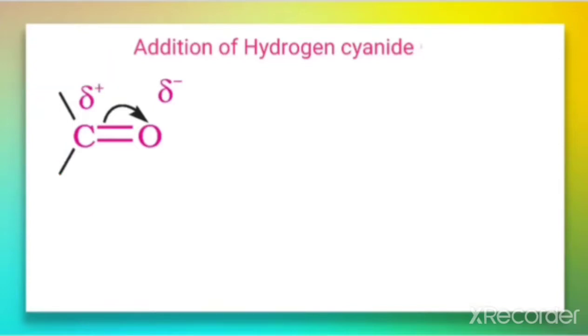As we are already familiar, in the carbonyl group the carbon has a partial positive charge, because carbon is less electronegative than oxygen, and oxygen, being more electronegative, develops a partial negative charge. That means the carbonyl group is a polar group, having a partial positive charge on carbon and a partial negative charge on oxygen.